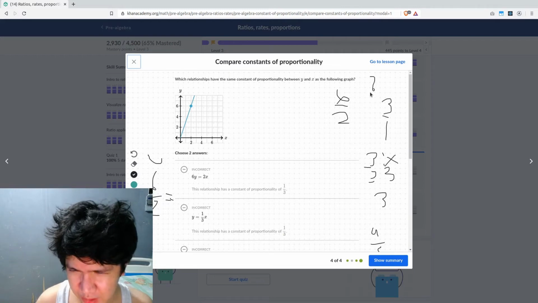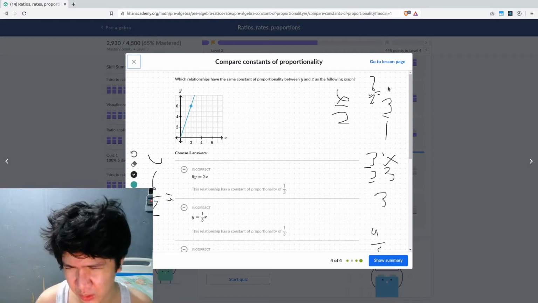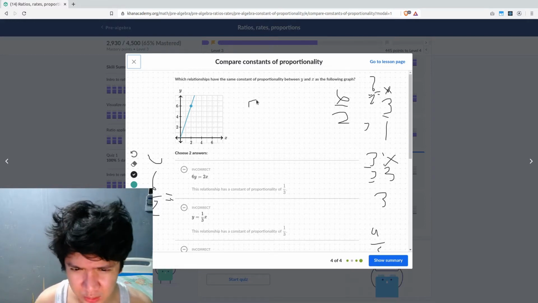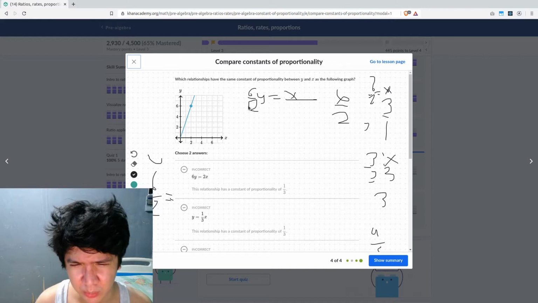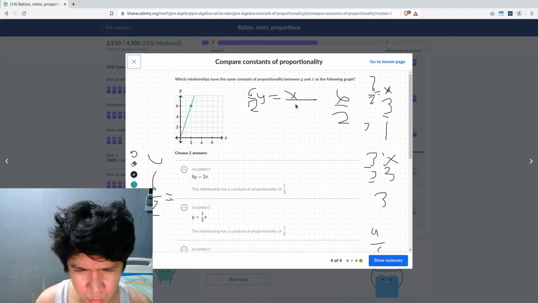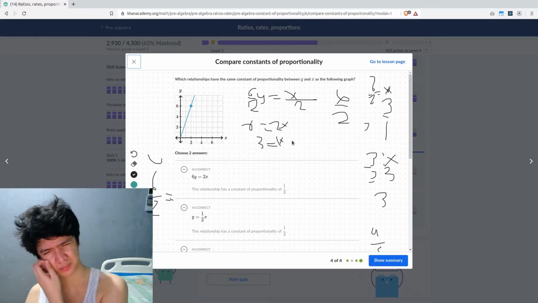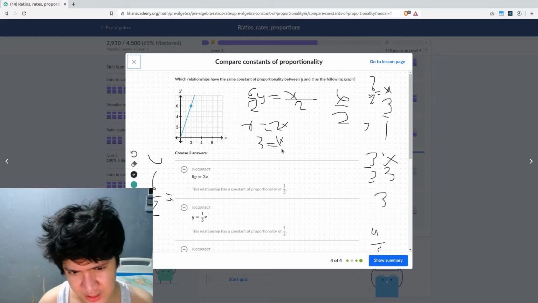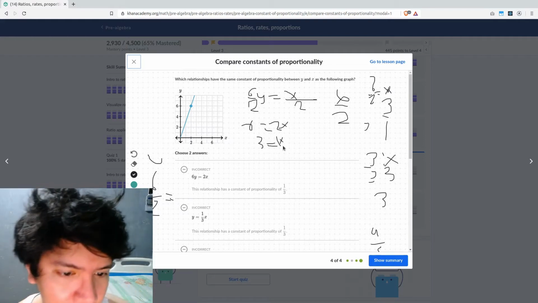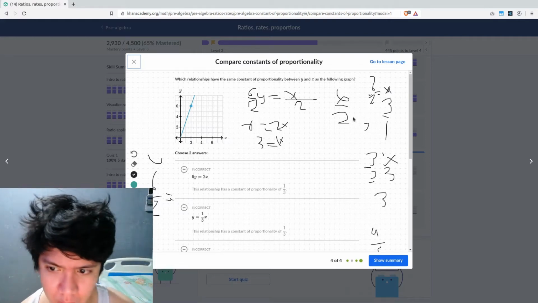But I was able to convert it earlier. Like, this is 6 over 2, then equals x. Wait, what? Let's draw. 6y equals x. And then multiply both sides by 2. You have 2x equals 6x, or 3 equals x, or 1. Yeah, this makes sense. Wait, it actually does.